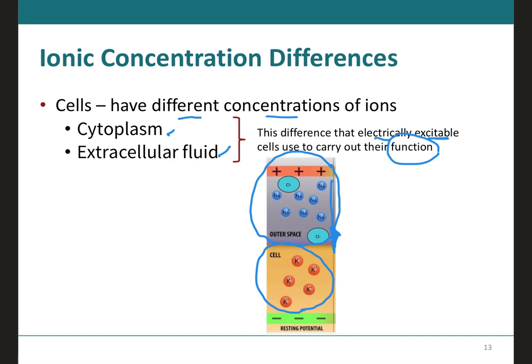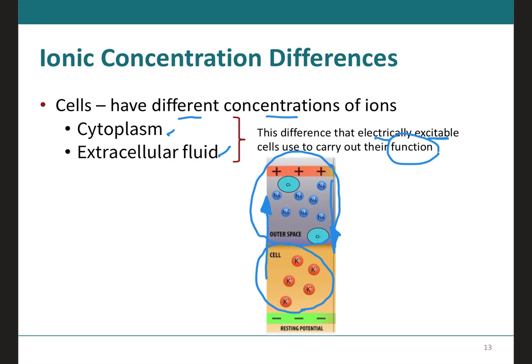For potassium, the concentration gradient is the opposite of the concentration gradient for sodium. Therefore, for potassium, there's going to be a steep concentration gradient from the inside of the cell to the outside of the cell, meaning that the potassium wants to leave the cell because there is more potassium inside of the cell.